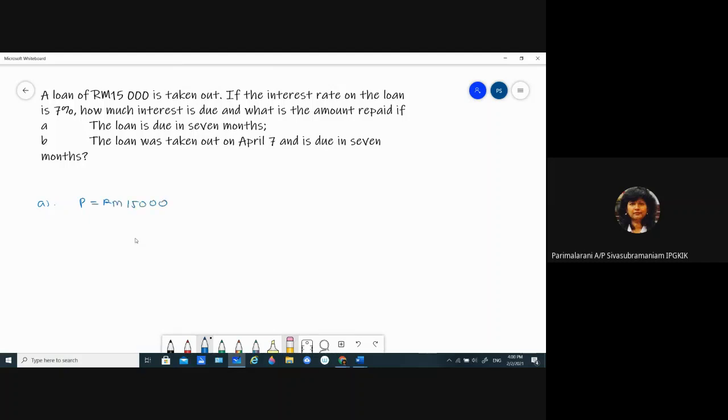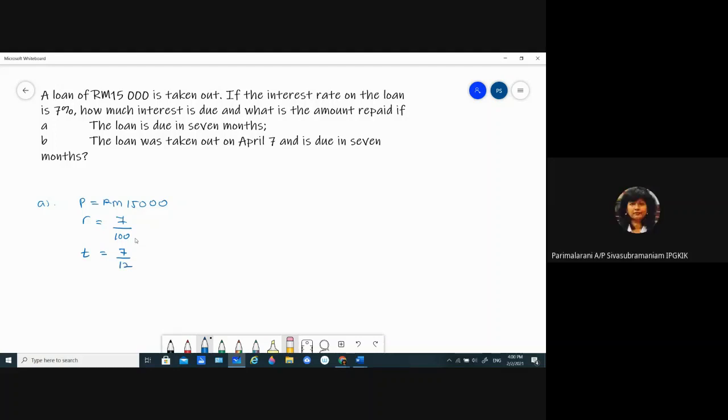15,000, correct? What is our R? 7%. So it's 7 over 100. What is our T? 7 months. So that means our value is 7 over 12. Yes, 7 over 12.